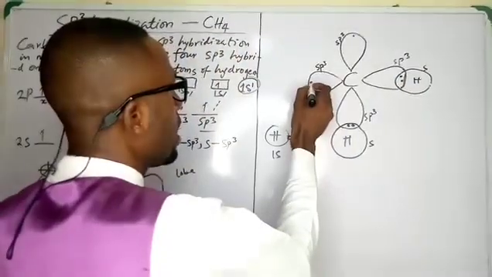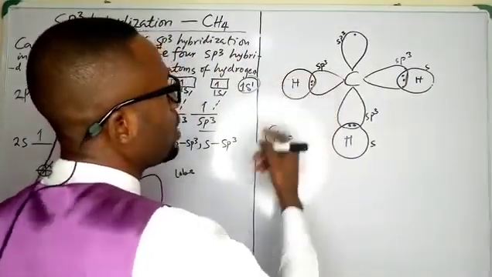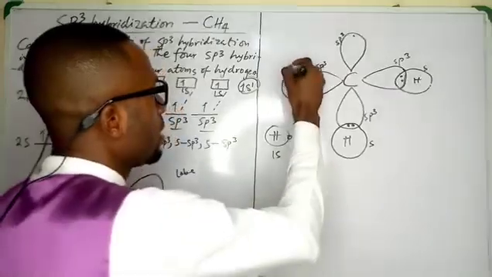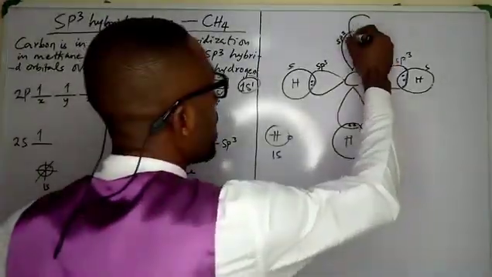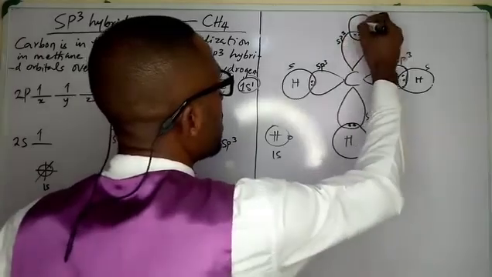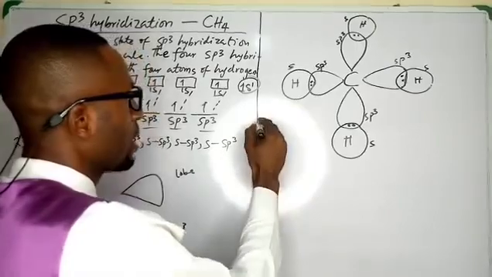Another hydrogen atom can come here and overlap with this sp3 orbital. Remember, this is an s orbital. Another hydrogen atom can make an overlap here. Remember, this is again an s orbital since the hydrogen atom has s orbitals.